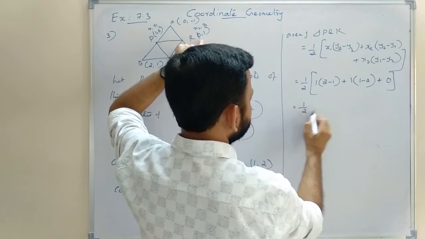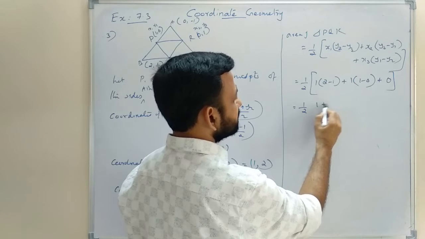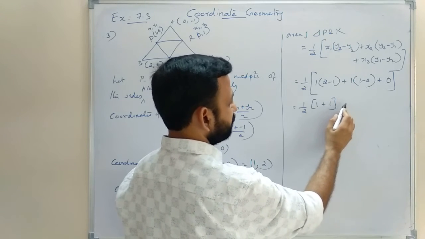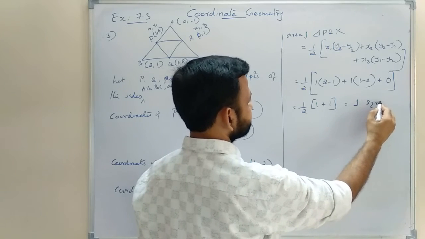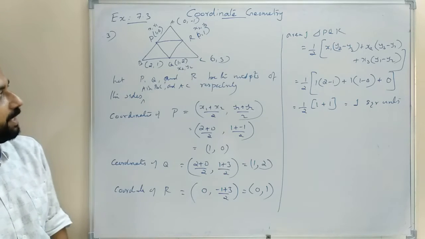So we get 1 by 2 into 2 minus 1, that is 1, 1 into 1, that is 1, 1 plus 1, 2. 2 by 2, that is 1 square units. That is the area of triangle PQR.